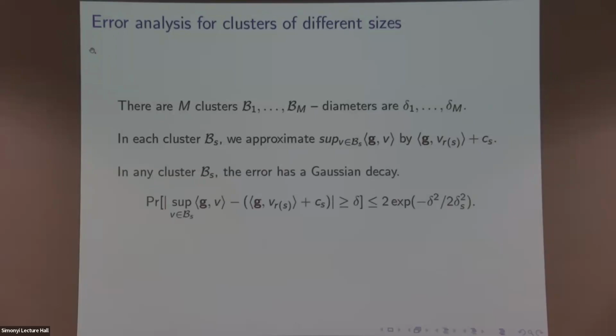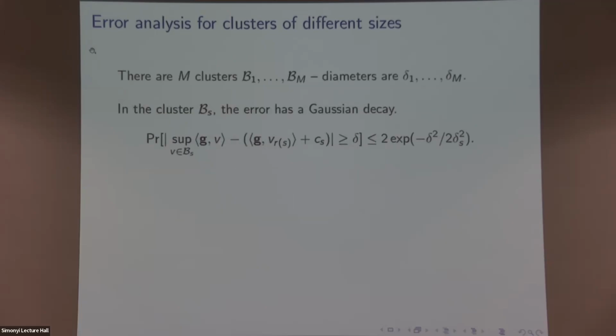And if you recall, it's not just that the expected error between the sup of the Gaussian in that cluster and a representative is delta; the Gaussian concentration property says the error is more than delta with probability at most 2e to the minus delta square over delta square, where delta is its diameter. So it's a sharp concentration. Okay. This is useful for us.